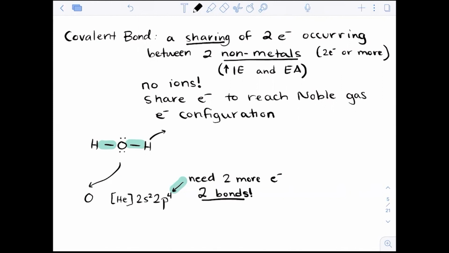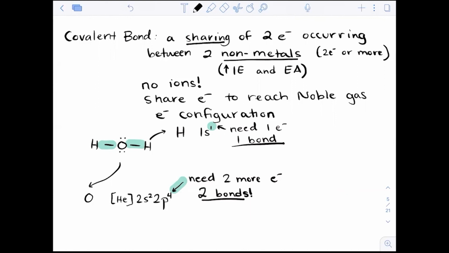Same thing with hydrogen. Hydrogen has a 1s1 configuration. We know it needs 1 more electron. So it makes 1 bond. Hydrogen is very special. It only makes one bond and one bond only.